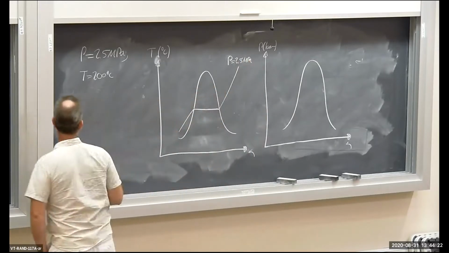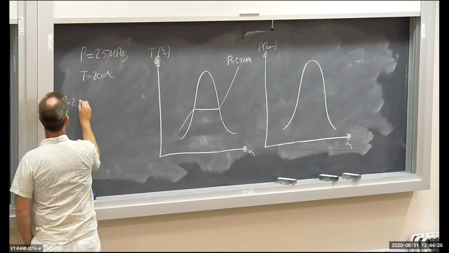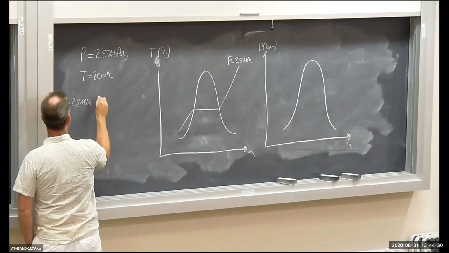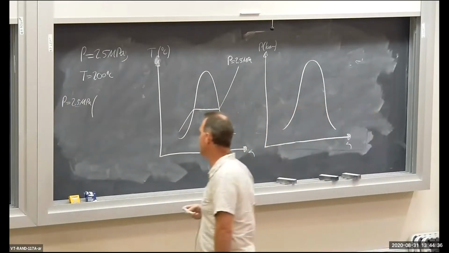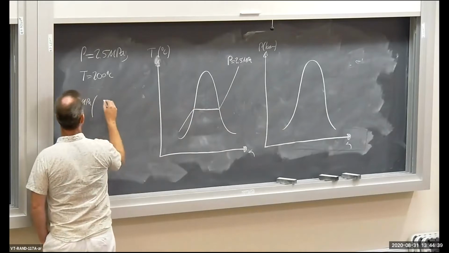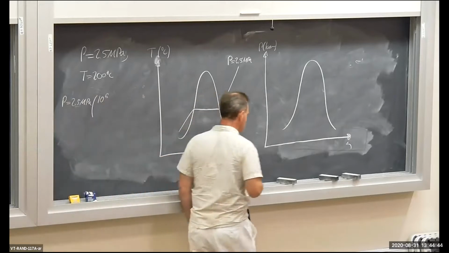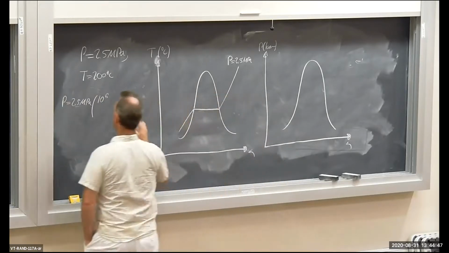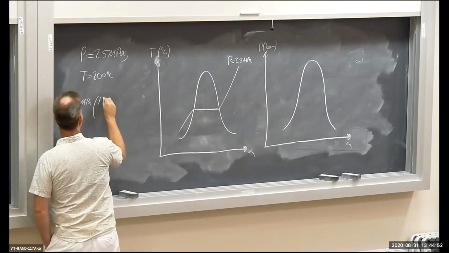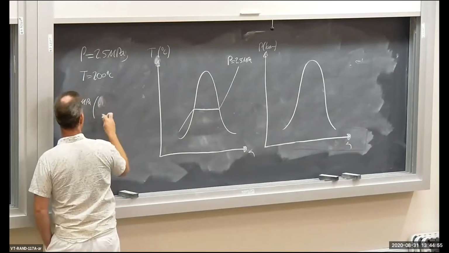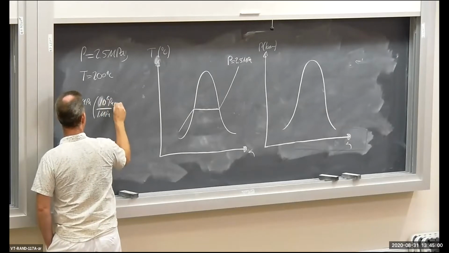By the way, let's convert 2.5 megapascals into bar. A megapascal is 10 to the 6 pascals. So 1 megapascal is equal to 10 to the 6 pascals.